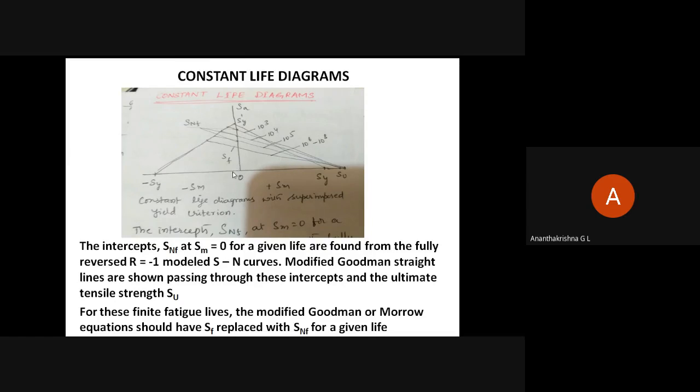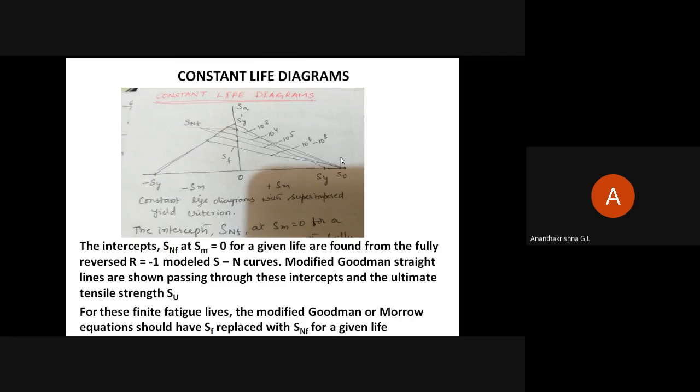This is the positive mean stress, this is negative mean stress. So the intercepts SNF, this is SM is equal to 0. These are all intercepts SNF. The intercepts SNF for a given life are found from the fully reversed alternating tension and compression SN curves. So the modified Goodman straight lines pass through these intercepts and the ultimate tensile strength.